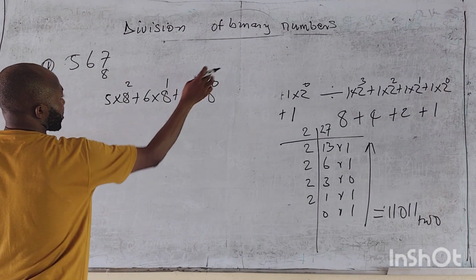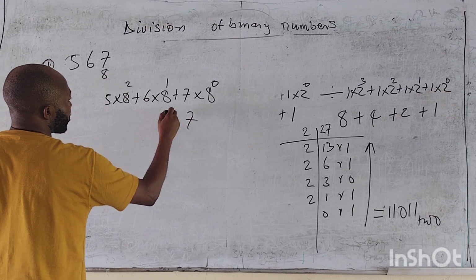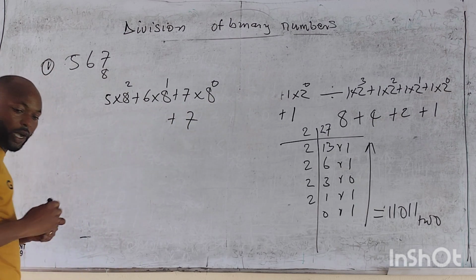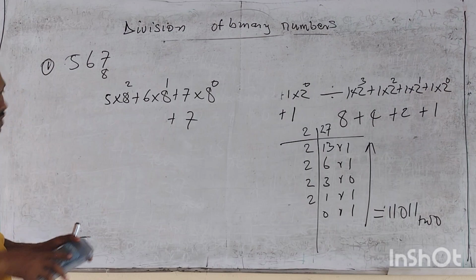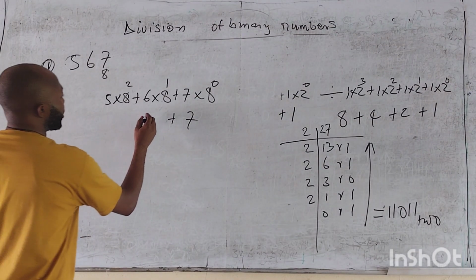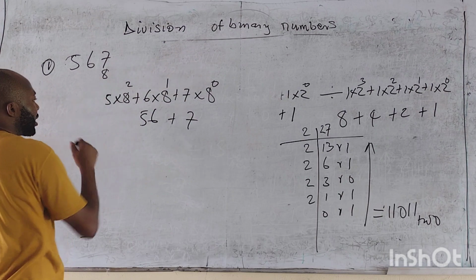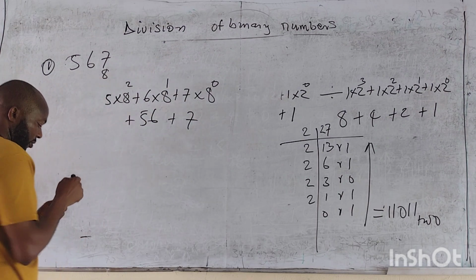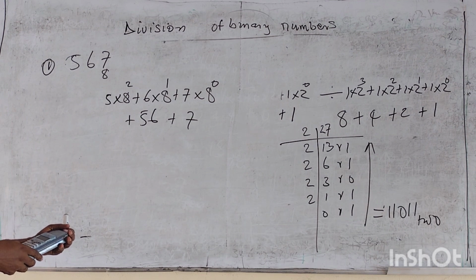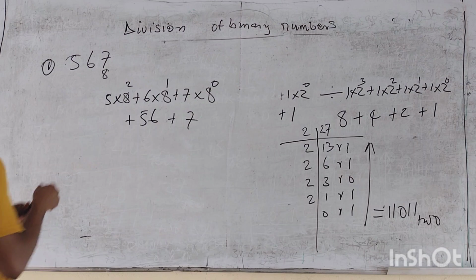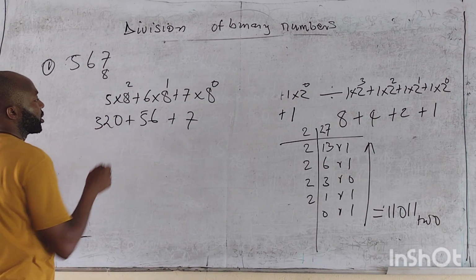This is 1 times 7 is 7, plus 8 raised to 1 is 8 times 6, 48. Then 64 times 5, sorry, 320.